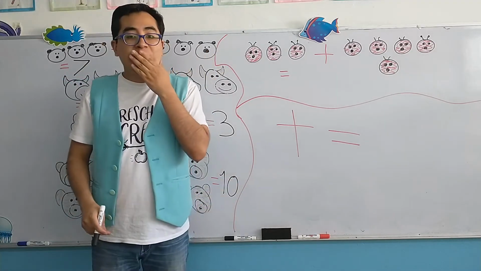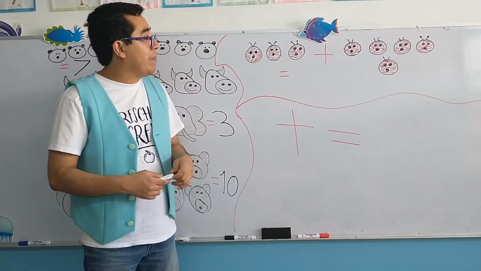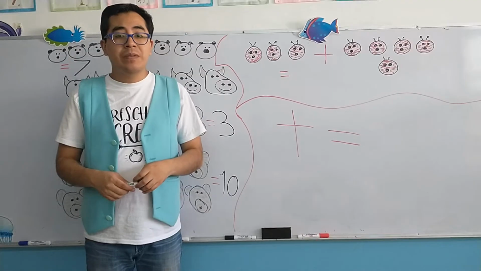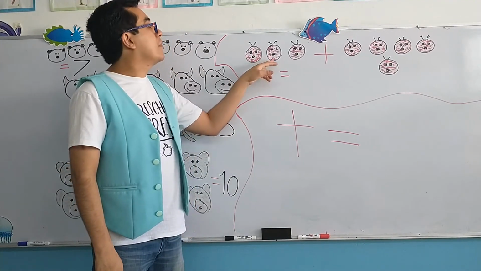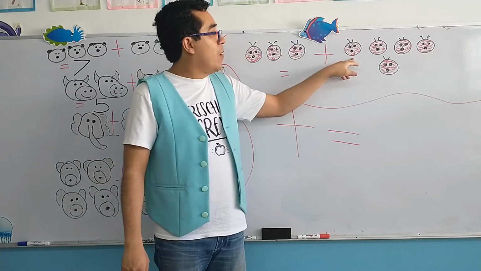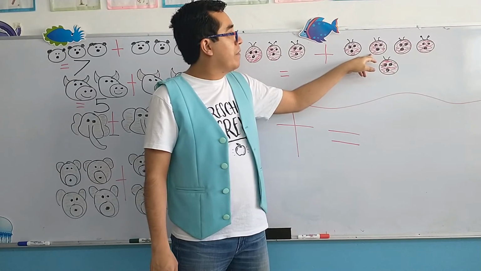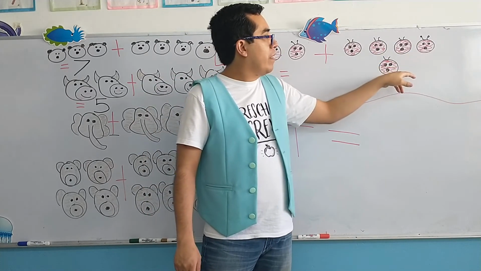Let's finish with the caterpillars. Now, caterpillars, okay, let's count them all to see what's the result. 1, 2, 3, 4, 5, 6, 7, 8.